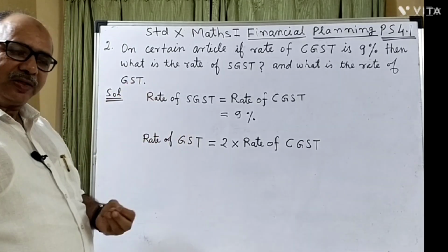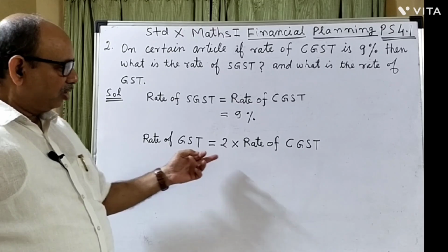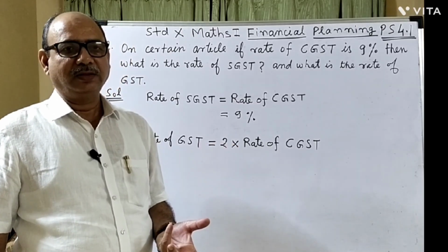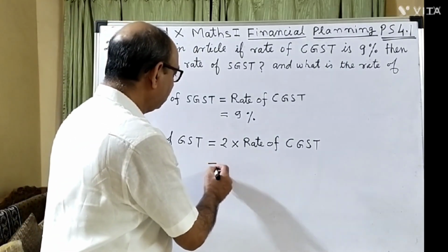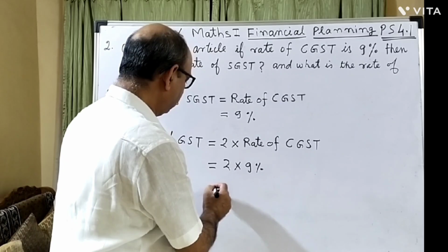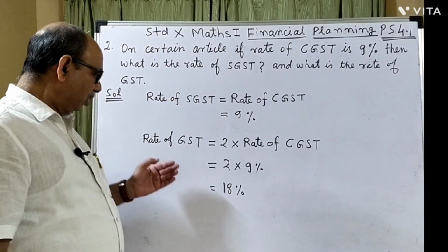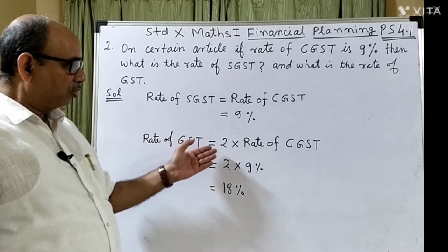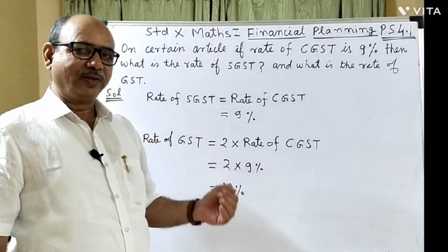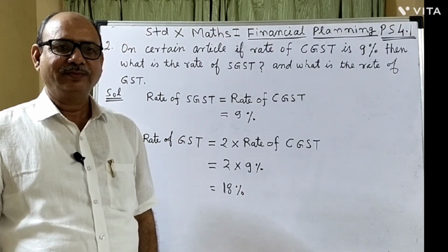And what is the rate of GST? Rate of GST is equal to twice the rate of the CGST or SGST. 2 into 9% is equal to 18%. You can also write it as the rate of GST is equal to rate of CGST plus rate of SGST, and 9 plus 9% is 18%. You can solve in both ways.